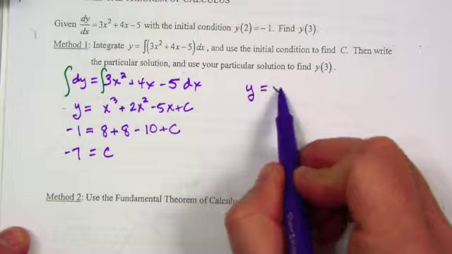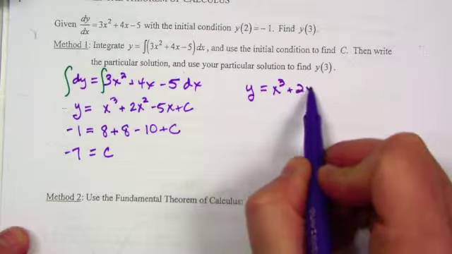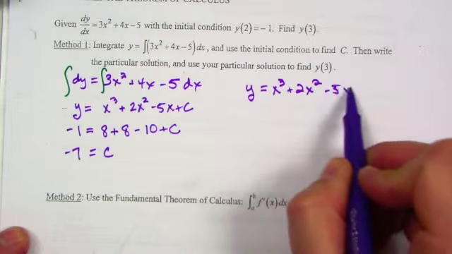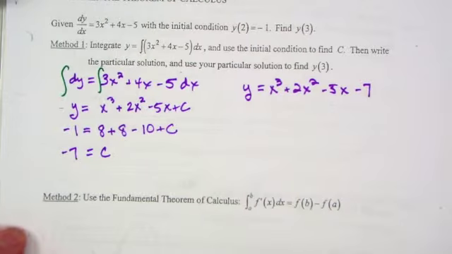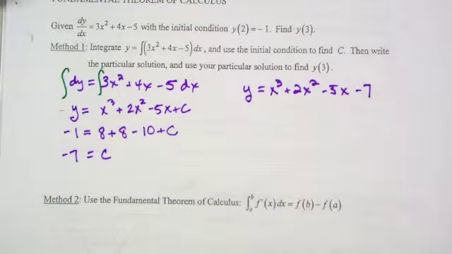So y equals x cubed plus 2x squared minus 5x minus 7 is called the what? Yeah, it is a particular solution to my differential equation.